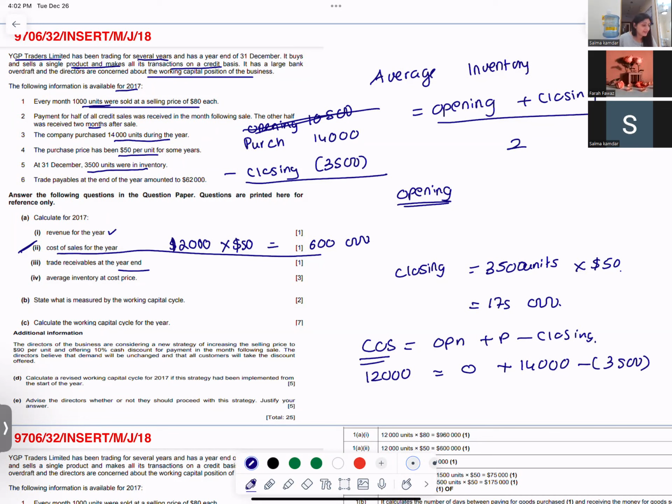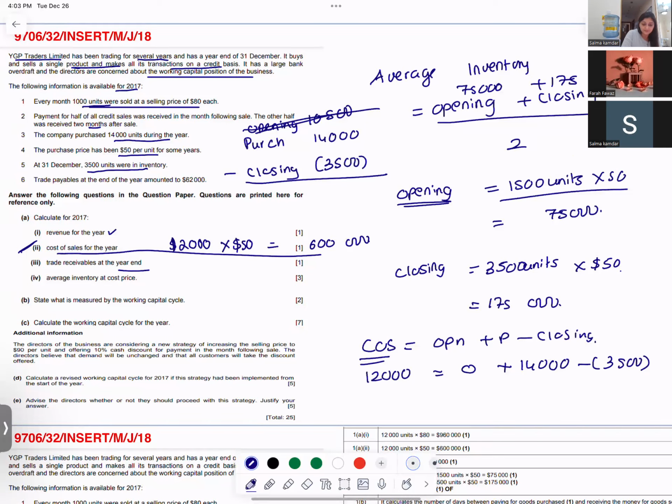So it would be 12,000 plus 3,500 minus 14,000. Okay, so opening is 1,500 units into 50. That'll be 75,000.